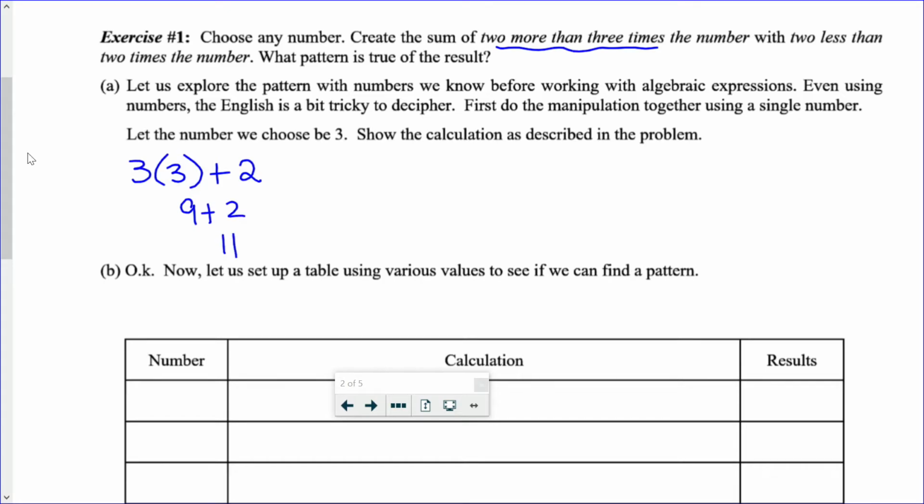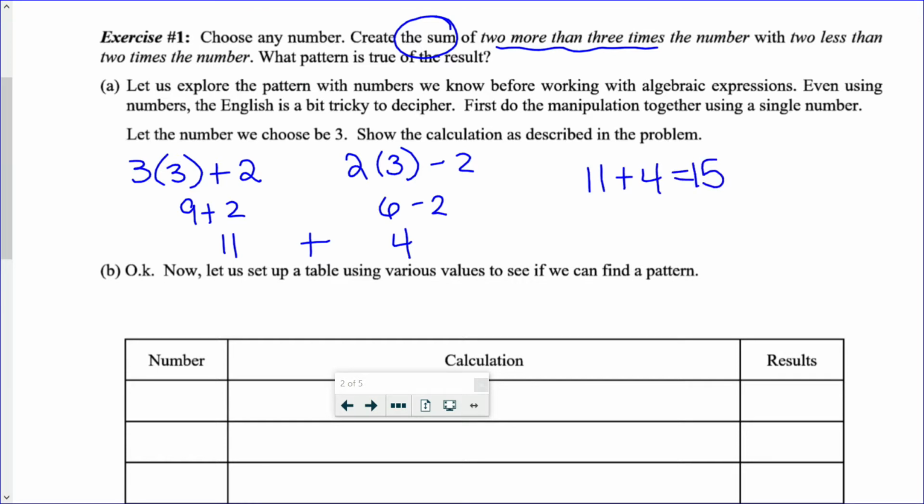And we want to add that to 2 less than 2 times the number. Well, 2 times the number and 2 less than it is going to be 6 minus 2, which is 4. I want to add those 2 together. 11 plus 4 is equal to 15.